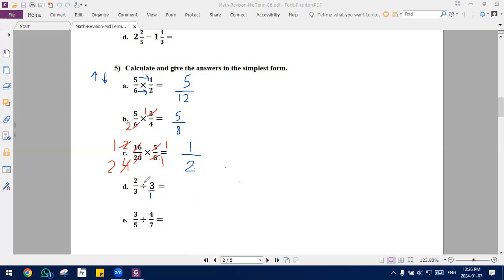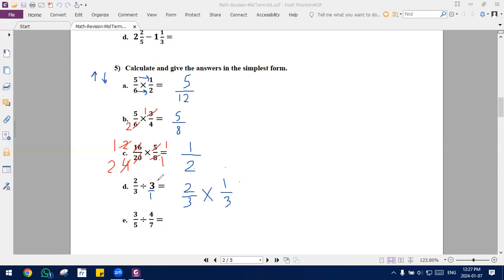Now, we turn division into multiplication, and we flip only the fraction after the division sign, which means the second fraction. So we write 2 over 3. Now not division, it's times. Now we flip the second fraction. 3 over 1 will be 1 over 3.